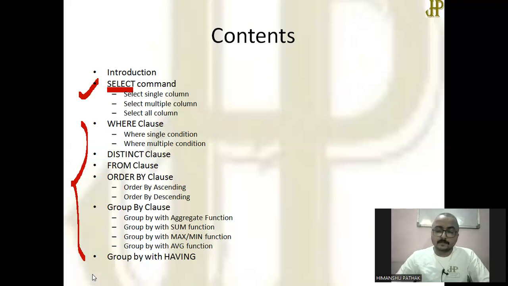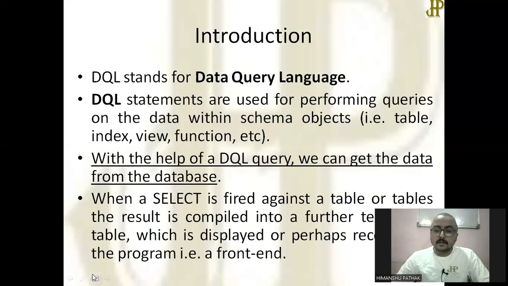So let's start. As we understand, DQL stands for data query language. And what about query? Query means the user requirement, which data is wanted. For example, there is a table named student where all the data related to the student are stored, like roll number, name, father's name, marks, class, and everything.